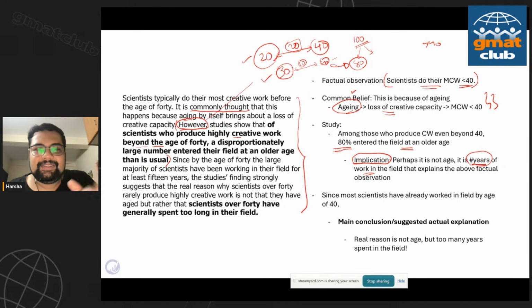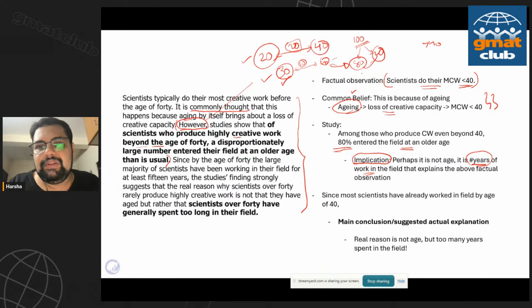However, the author has a different idea. The author is trying to say, see, studies of people who continue to produce fantastic stuff even beyond 40, if you look at them, most of them joined the field late. So think about it. If it really is about scientists turning 40, then why is there a difference between this group and this group?